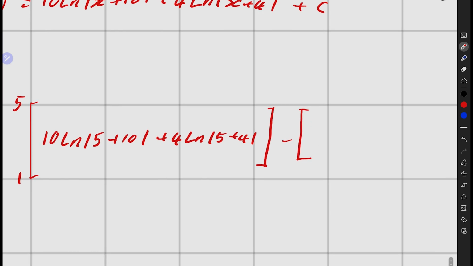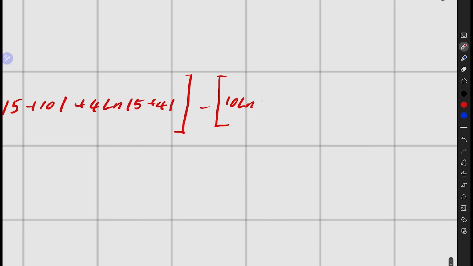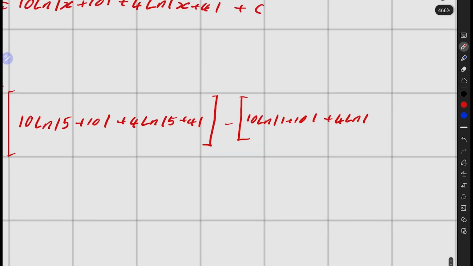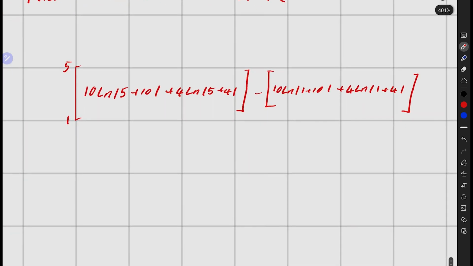And take away the lower bound, 10 ln 1 plus 10, plus 4 times the natural log of 1 plus 4. I'll put that in the calculator and come back with the answer.